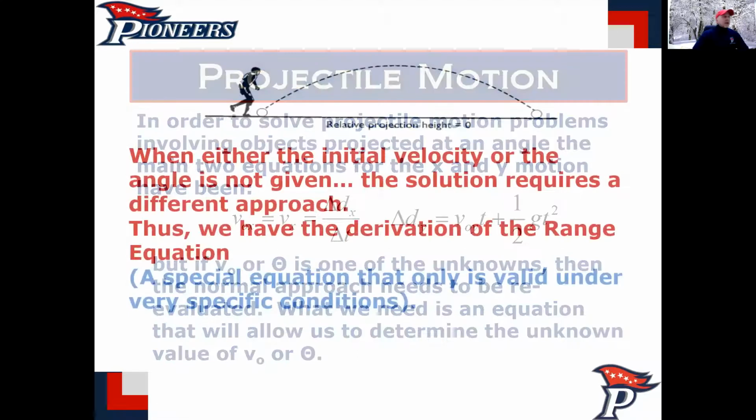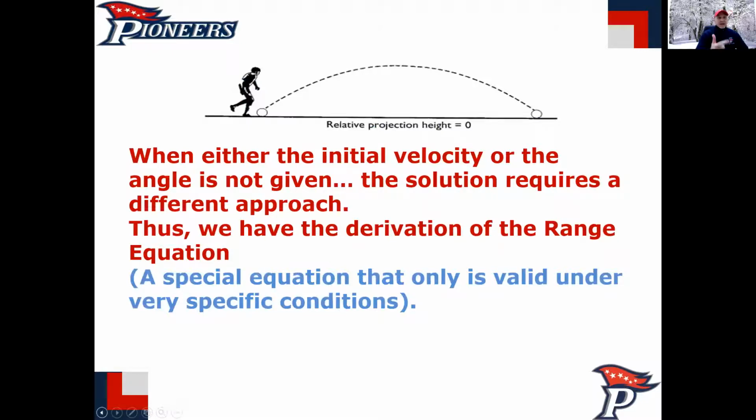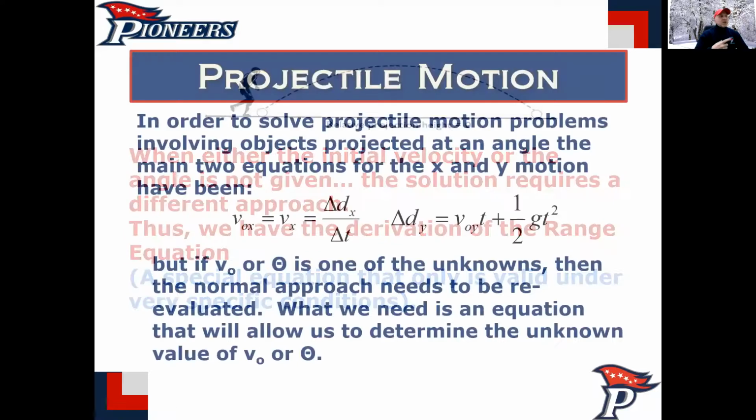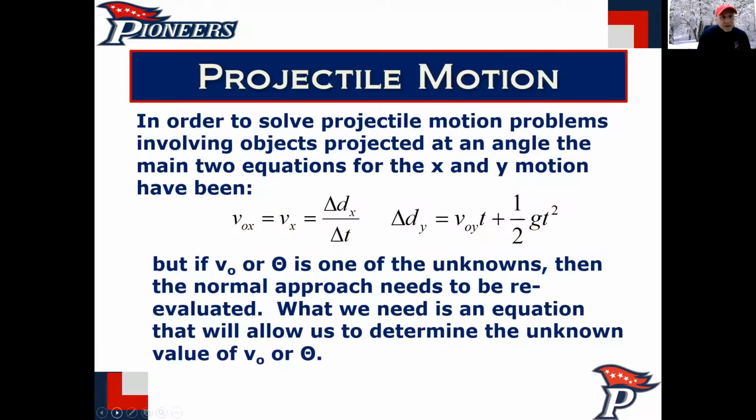So the conditions are, A, there can't be an elevation change, and it has to be an angle problem. And then you'll see that once you understand the equation, it's going to be kind of a shortcut to some of the problems that you guys just did for homework. And you'll see once I show you the equation. But it's a necessity if, and this is the key, one of these two is unknown.